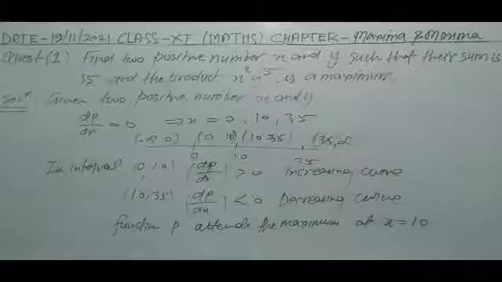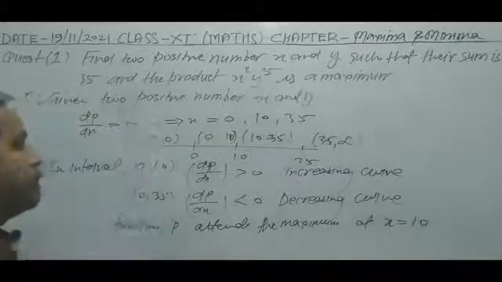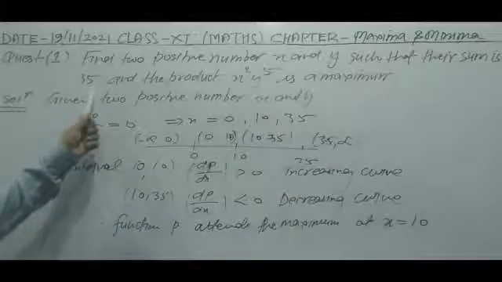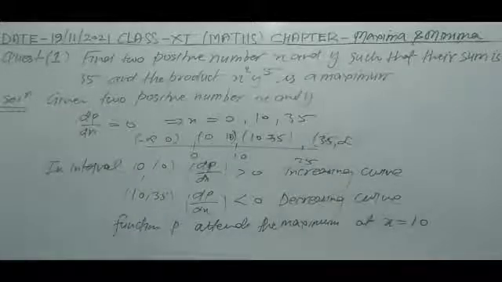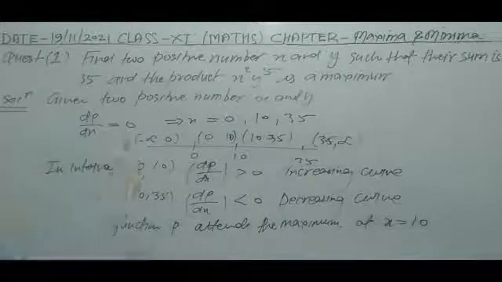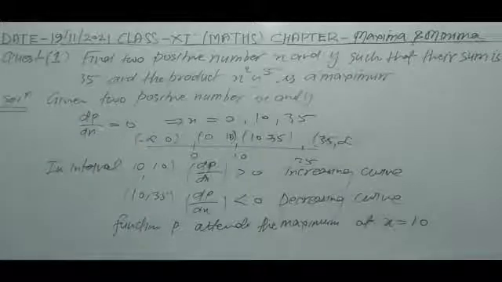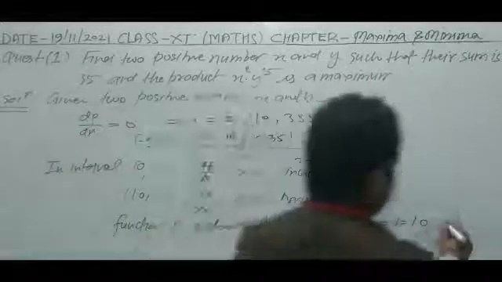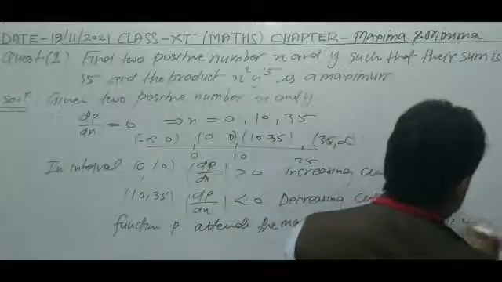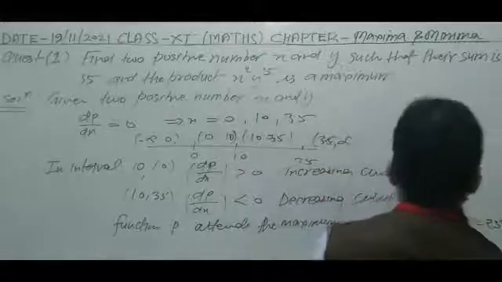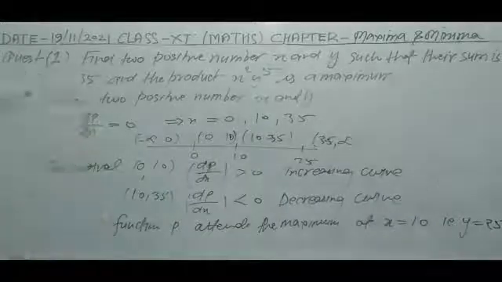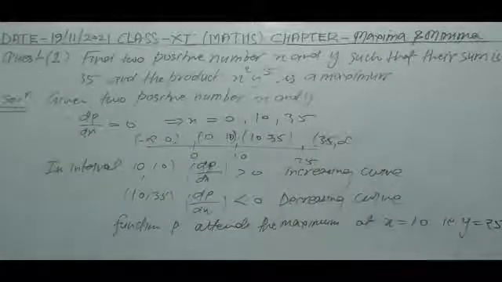When you put x is equal to 10, you get its maximum value. Then y will be equal to 25 because their sum is 35. So we have to find two positive numbers.